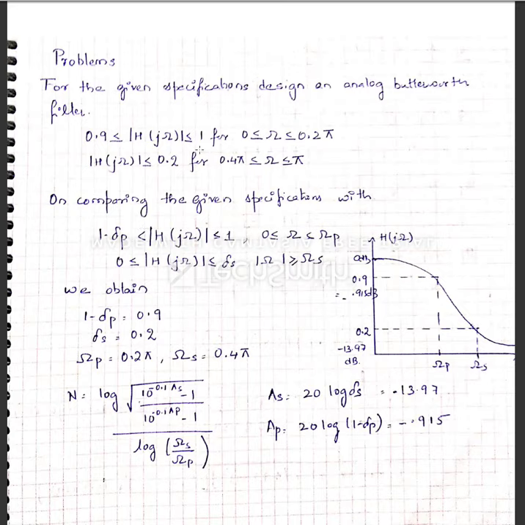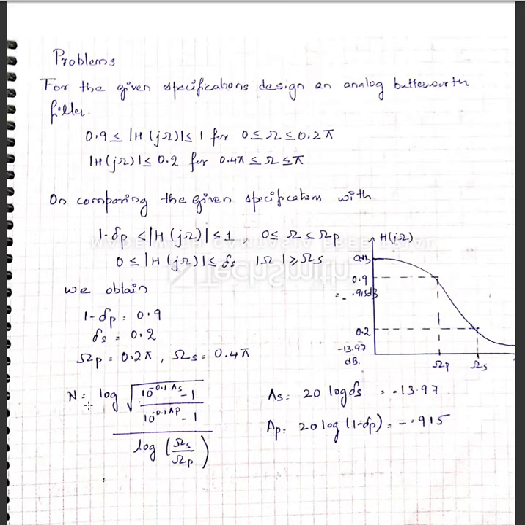So first thing you will have to do is find the order with respect to the given specification. You can write down what all things are given in the problem, then find the order. The order is nothing but N. Usually what we calculate will not be an integer value of N, so we round it to the next higher integer.